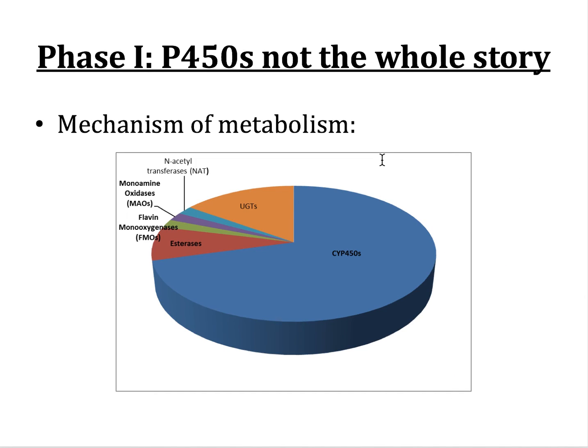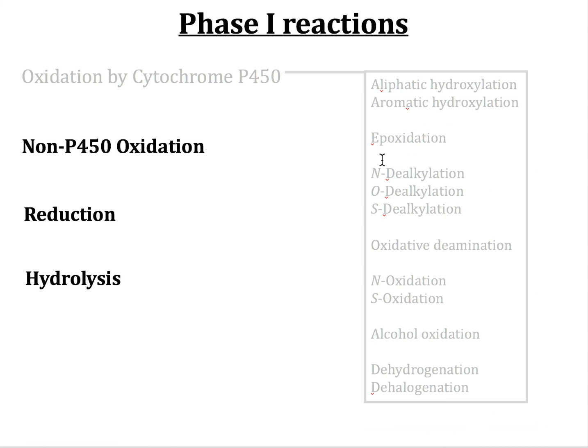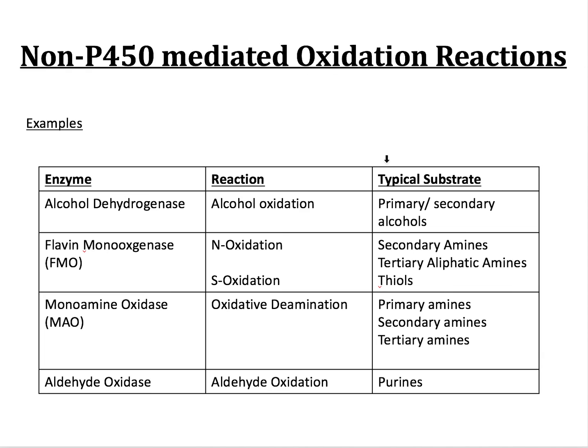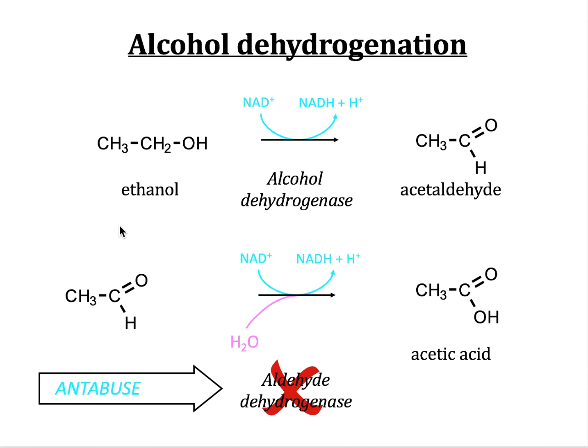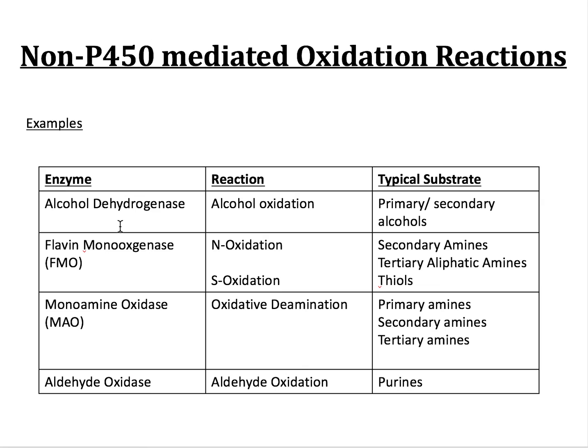So we have non-P450 oxidation, which involves alcohol oxidation, which is done by alcohol dehydrogenase, and can be primary or secondary. This enzyme also requires NAD+, which gets converted to NADH. N-oxidation takes place, and S-oxidation also takes place.